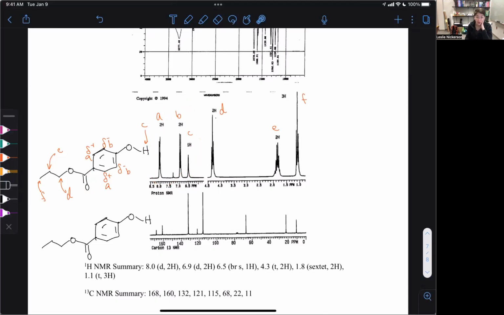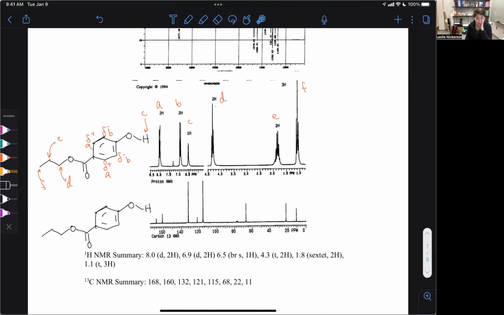So in this case, for the carbon, we're going to go with the easy ones first again. So this is going to be our peak at 168. Oh, wait, let me just do 1, 2, 3.